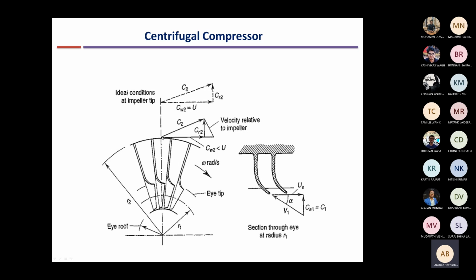Section 3 is at the exit of the diffuser, which is not shown here, since I have taken this from the book. So the stagnation temperature at the inlet is T01, at the exit of the impeller is T02, and at the exit of the diffuser is T03. Please note these things, which will be required in the mathematical calculations.